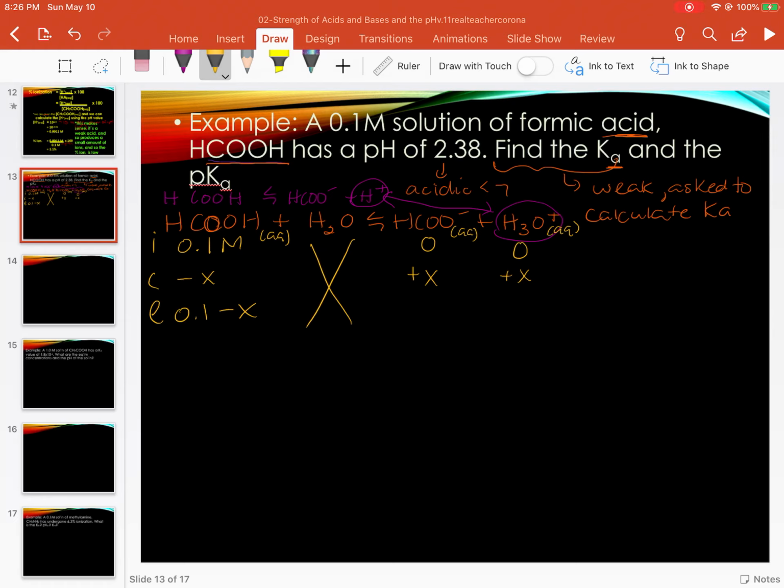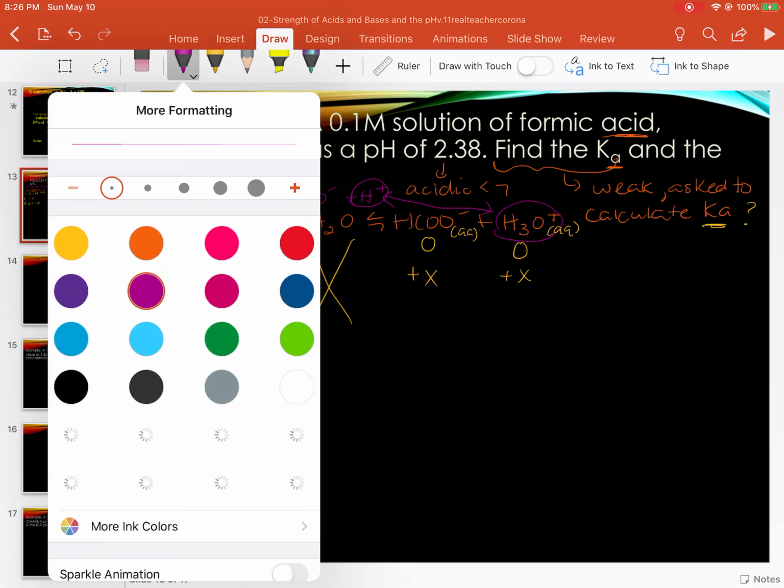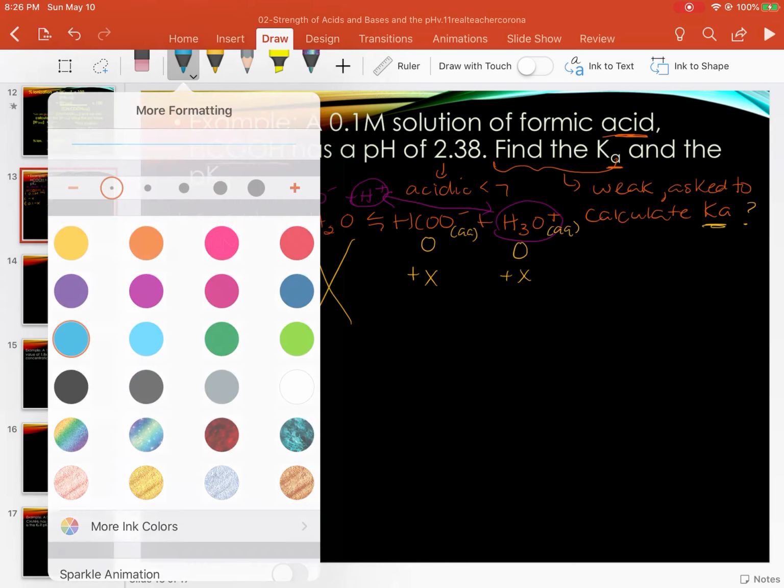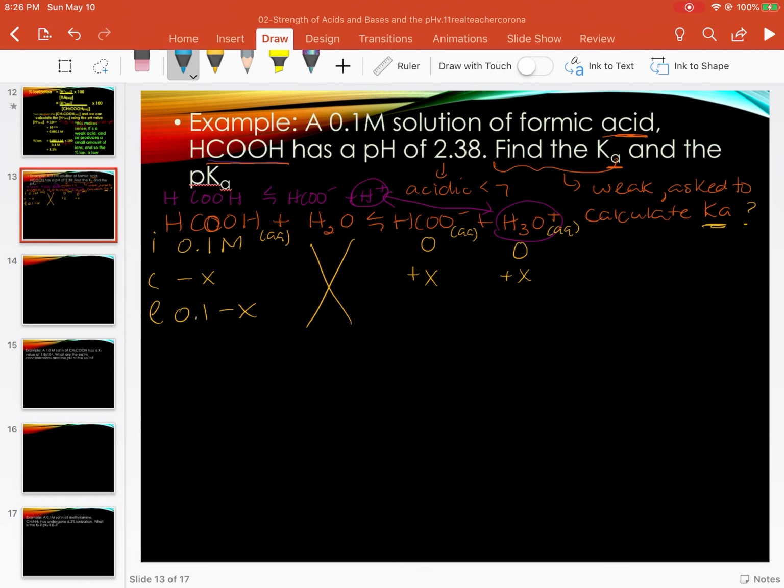You're either given the equilibrium constant or you're given something at equilibrium. So here, because the question says calculate Ka, then we must be told something at equilibrium. Sometimes it doesn't come out and say at equilibrium, but you're also given this pH here.